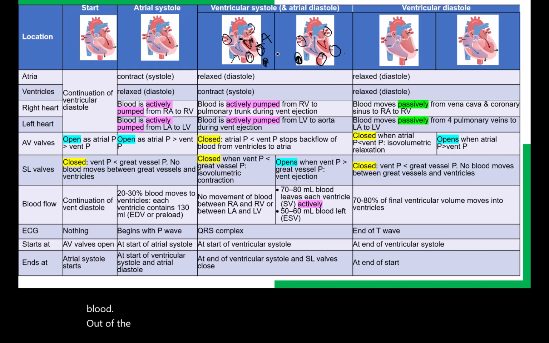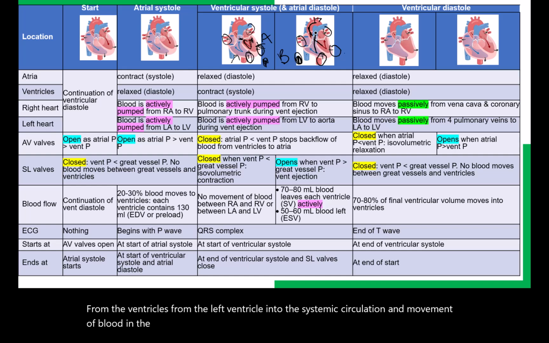Whereas in this picture, B, you've got movement of blood from the left ventricle into the systemic circulation, and movement of blood from the right ventricle into the pulmonary trunk, right? And so let's go through this.